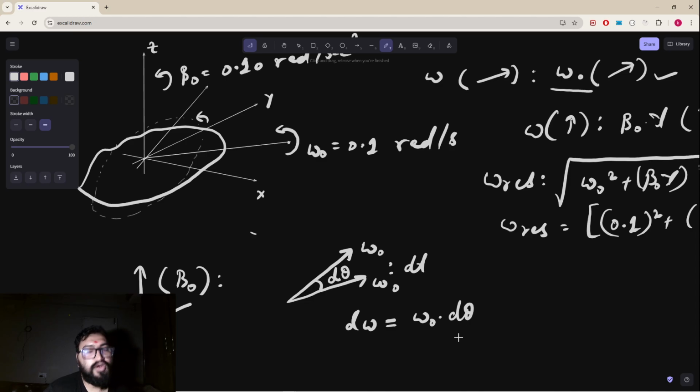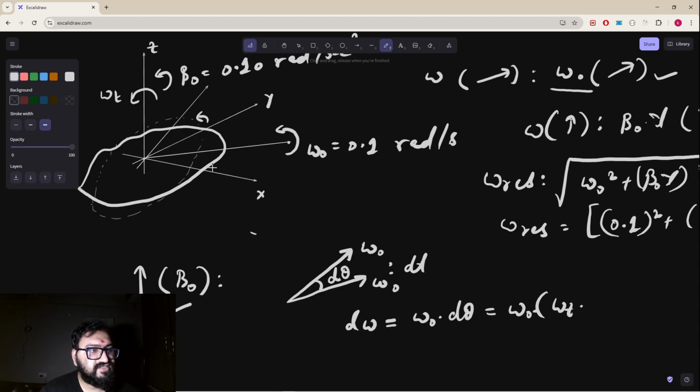Okay, now what is d theta? d theta would be nothing else but omega t, that is the angular velocity at any time t along the z axis, right? Because this body had an angular acceleration beta naught along the z axis, it will have an angular velocity at any time t along the z axis.